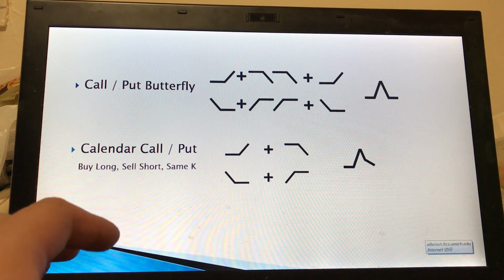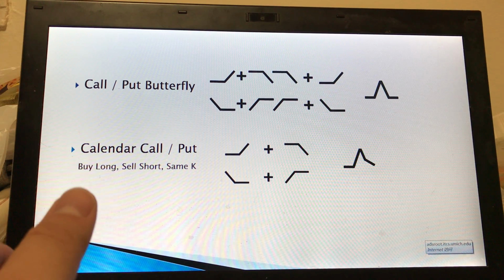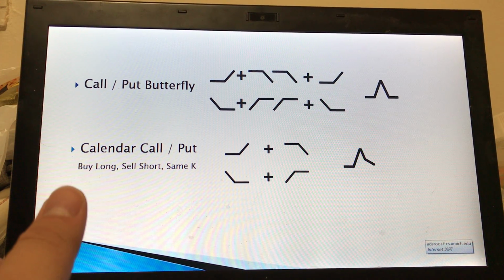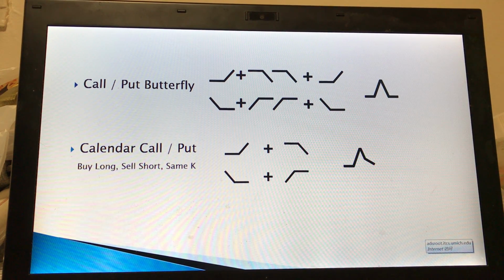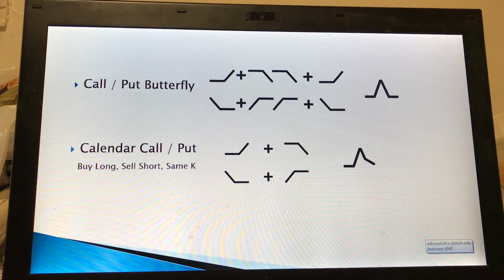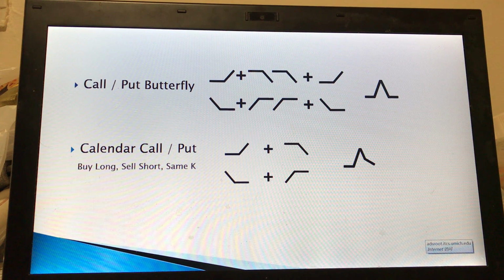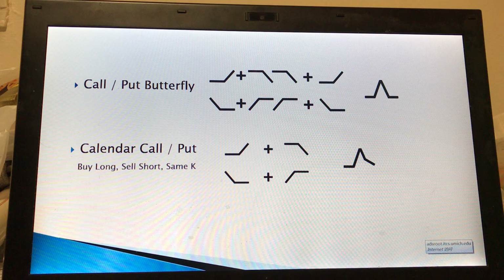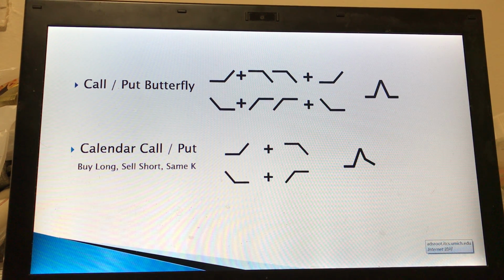This is apparently more risky than a condor, but if it actually expires at this point, it has a much higher gaining potential than a condor, or a call and put condor. So this is based on your judgment of the stock's volatility and the market direction. However, luck is also very important in doing this.